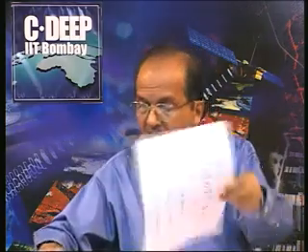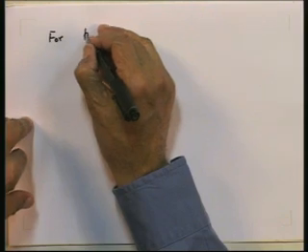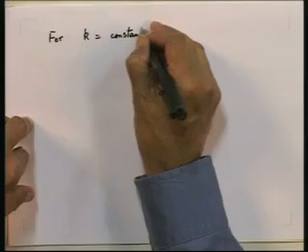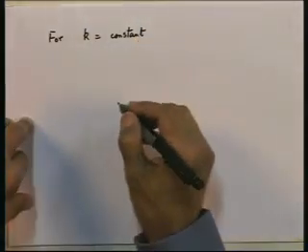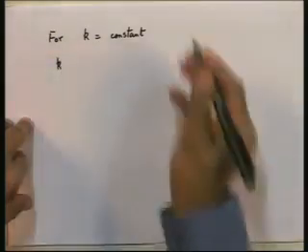Now, once again we can see from this differential equation that if the material is isotropic and k is constant, I will get a simplified form. I will simply take k outside the differential.